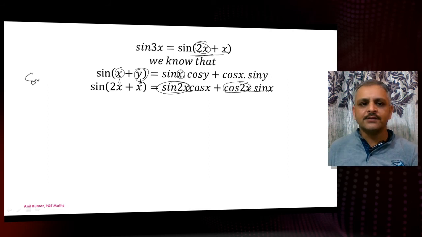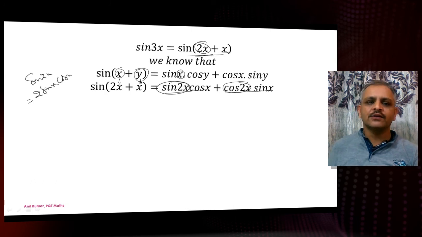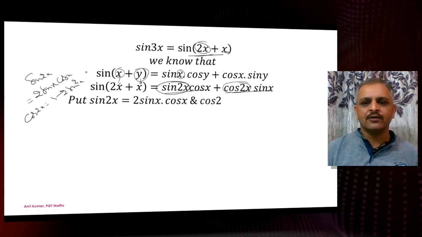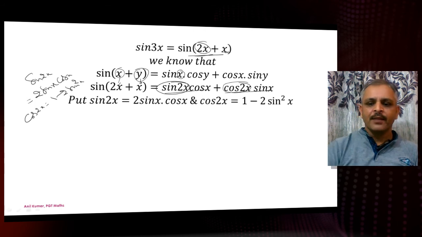You remember that sin 2x was equal to 2 sin x cos x, and cos 2x was equal to 1 minus 2 sin square x. Let's put the values of these two.